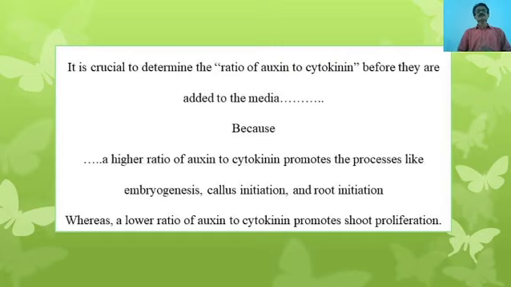A higher ratio of auxin to cytokinin promotes embryogenesis, callus initiation and formation, and root initiation, whereas a low ratio of auxin to cytokinin promotes shoot formation. So while preparing the rooting media and shooting media, you have to take this into consideration.